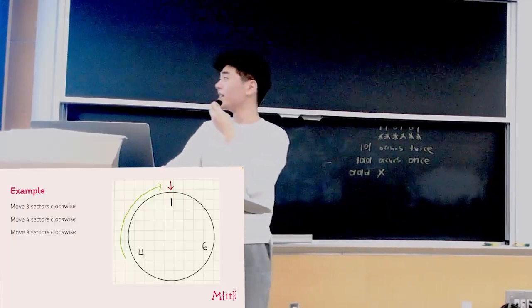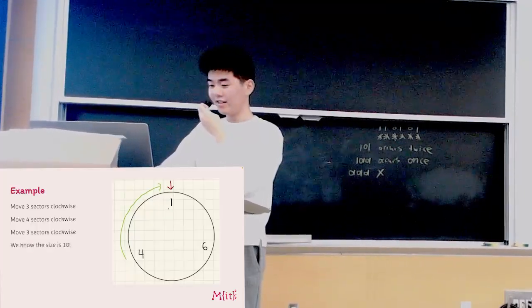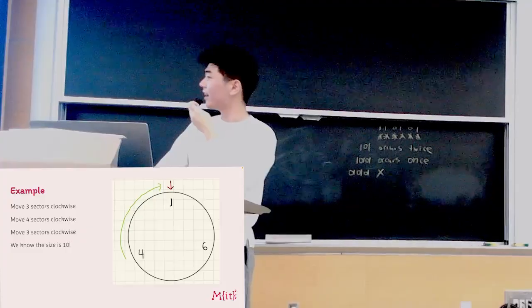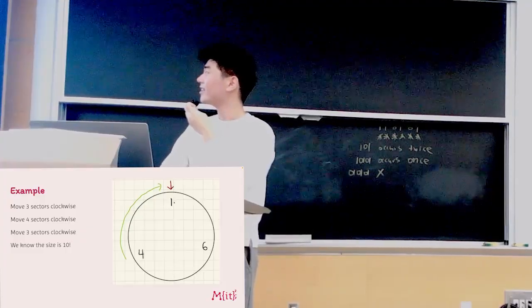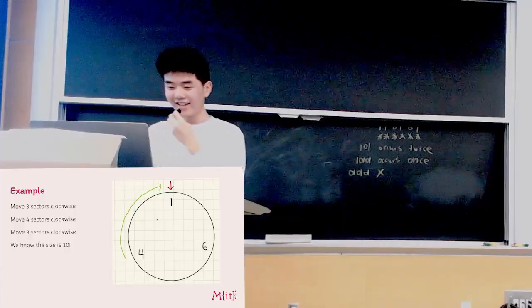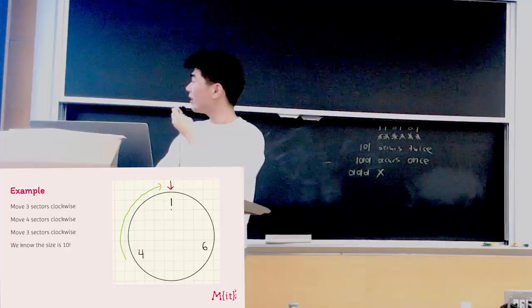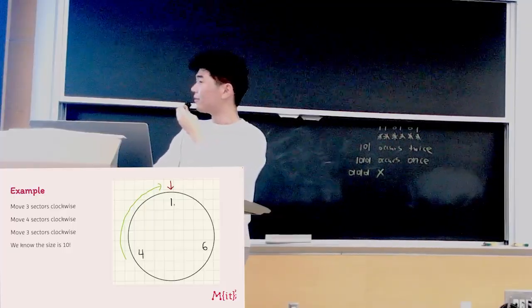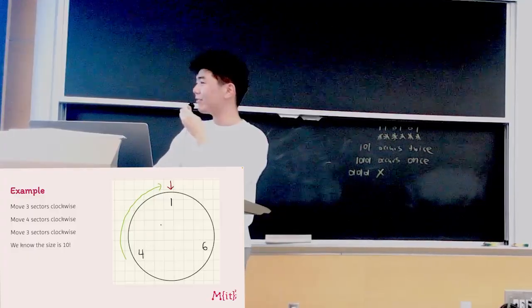Yeah. 9. It's close. Yes. Okay. So why do we know that it's 10? Because we moved 3 this way, we moved 4 this way, and we moved 3 to get back.